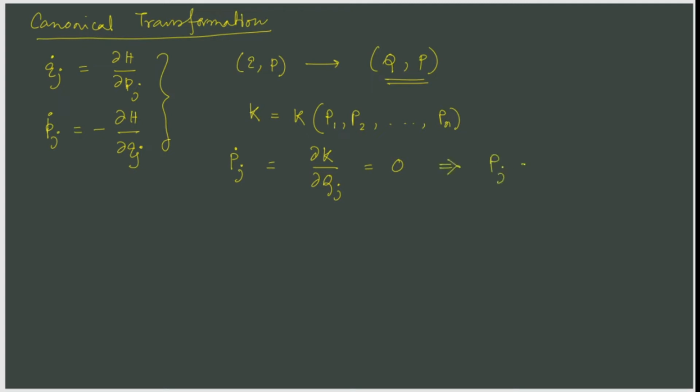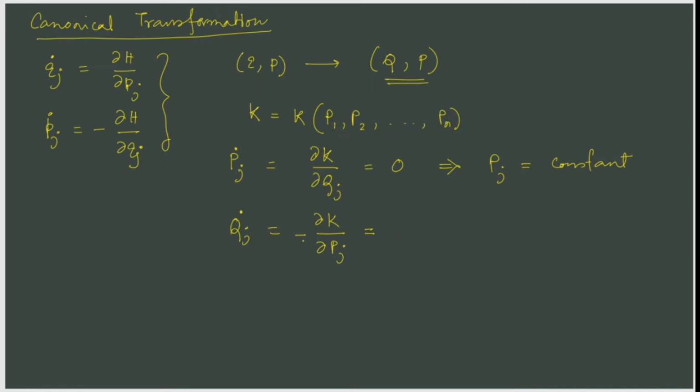Which means these are constants. Now the other equation will also give constants. Let us suppose this Hamiltonian, as we have written, is not a function of time. So the Hamiltonian is a constant of motion. It is not an explicit function of time, and also it is not a function of coordinates. So the partial derivatives with respect to the P's, the P's being constant, are also conserved.